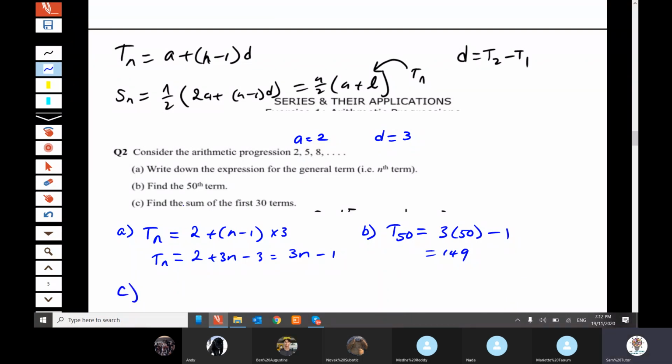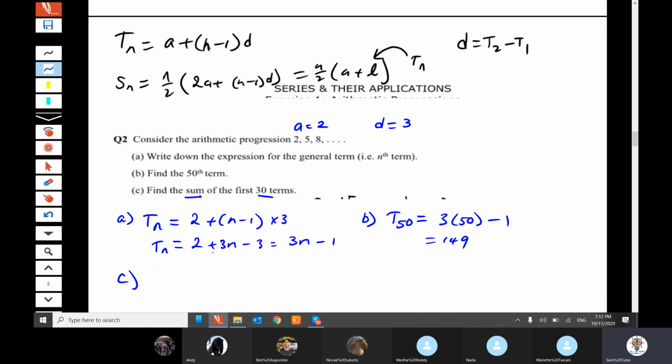C says find the sum of the first 30 terms. What letter are we trying to find? Find the sum of the first 30 terms. Which formula? Sn, but which one?